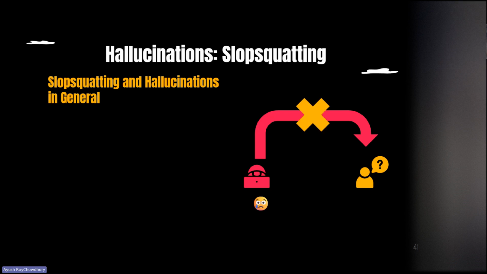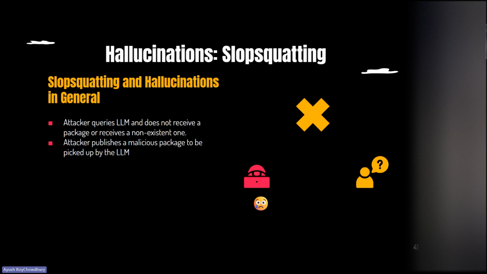So what they do is they decide to use an LLM. The attacker queries the LLM and receives a non-existent package for some functionality, whether it's, I want to make this metric appear for my SCADA system or whatever it is.